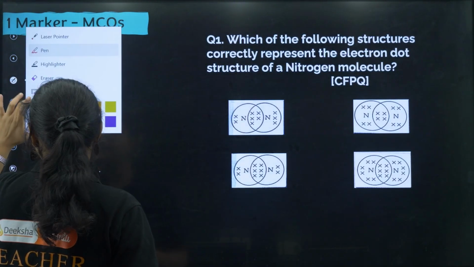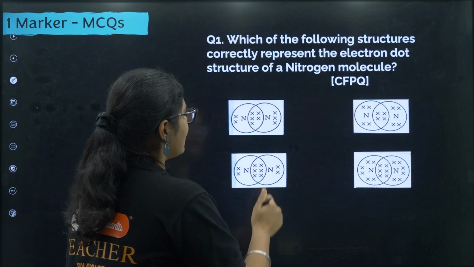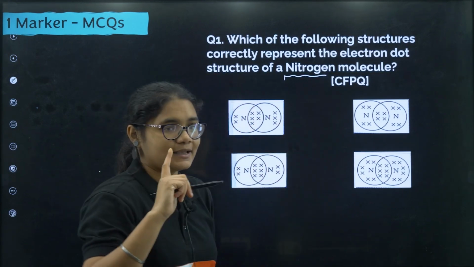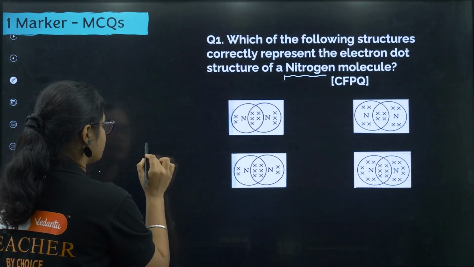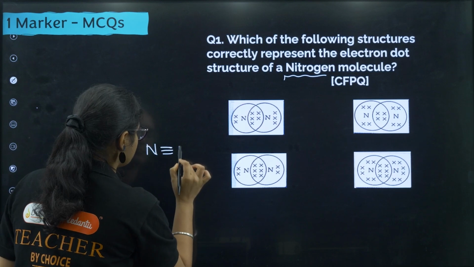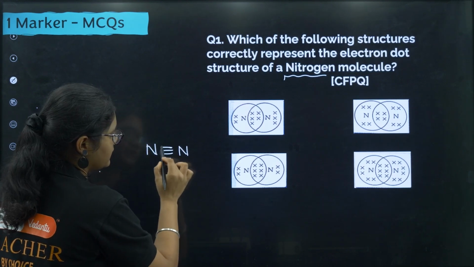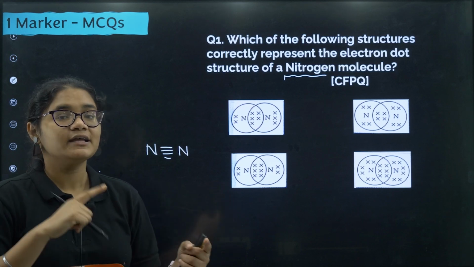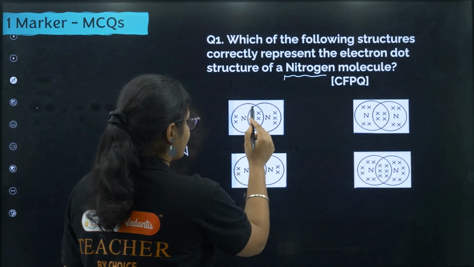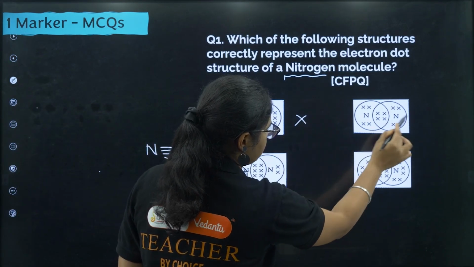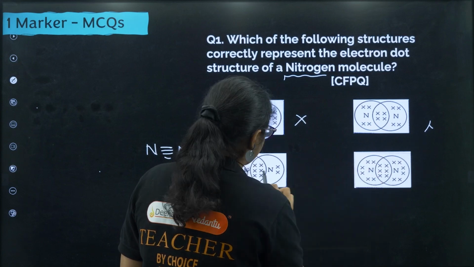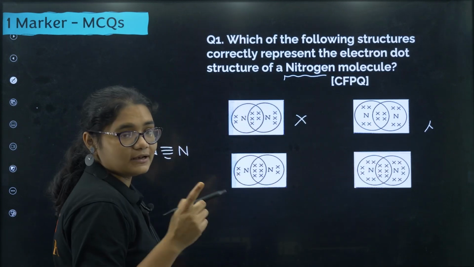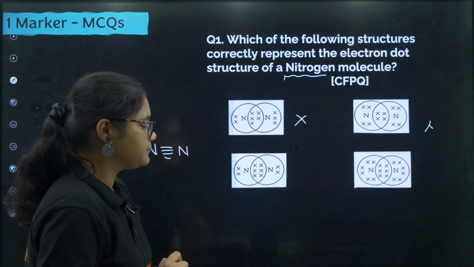The first question is regarding covalent bonding. Nitrogen molecule. I have given you the same example of the nitrogen molecule. If you remember, nitrogen has 3 bonds. So how many electrons will be there here? Each bond has 2 electrons, so 3 bonds will have 6 electrons, right? Here I can find 5, so I will eliminate this, and 4 also. Here 6 is there, here is also 6. But again, the nitrogen octet should be satisfied.